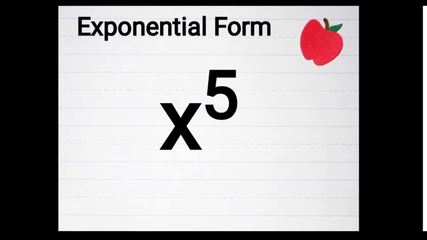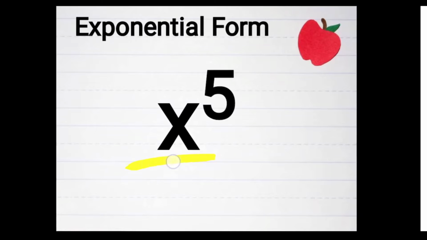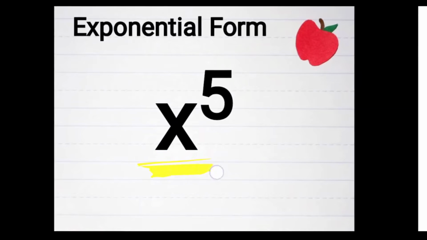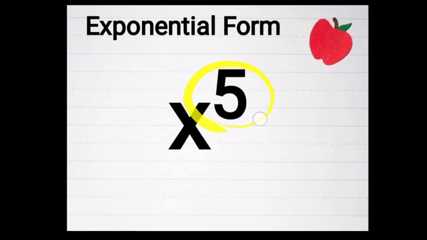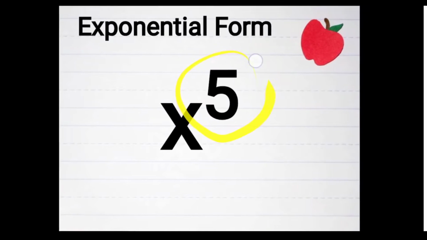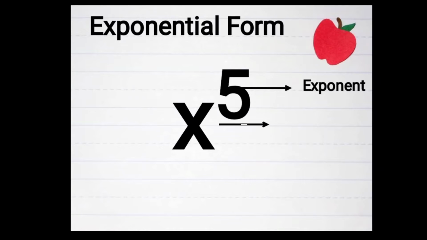Okay, so we all know that it is an algebraic expression because of the variable x. Then it is in exponential form because we have here this script. Okay, so this is called superscript or the exponent. So that value, that 5, is the exponent, and this x would be the base.